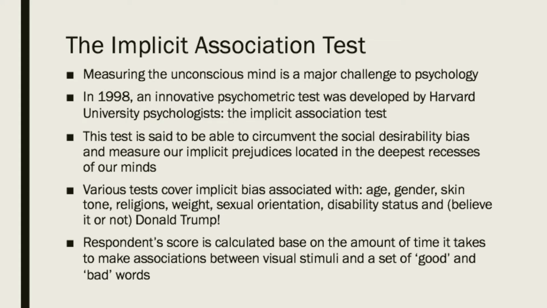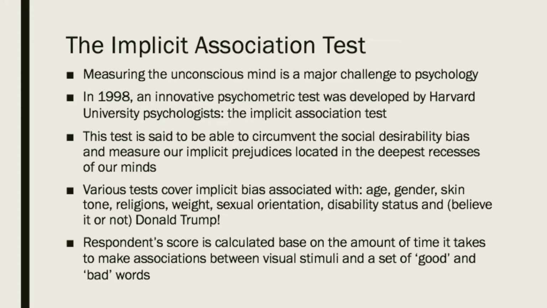Well, very few people will admit to being prejudiced because prejudice isn't looked upon favorably by the rest of society. But with this test, people aren't able to hide or conceal their prejudices. It is able to reach into the deepest recesses of our minds to measure our implicit biases, according to the designers of the test.